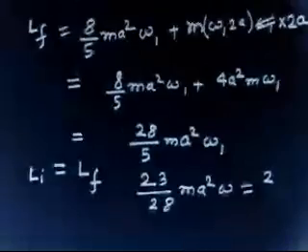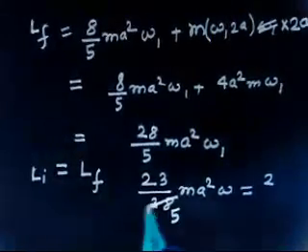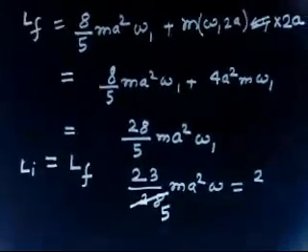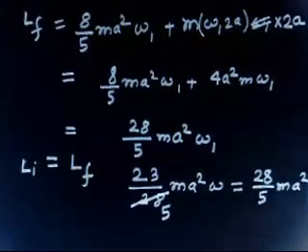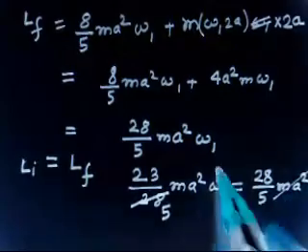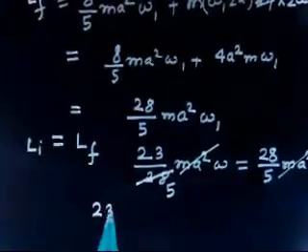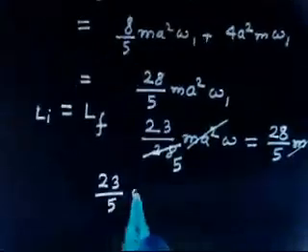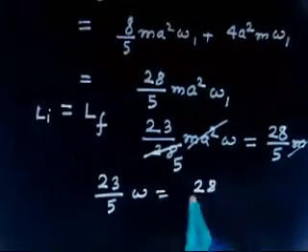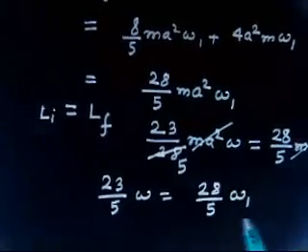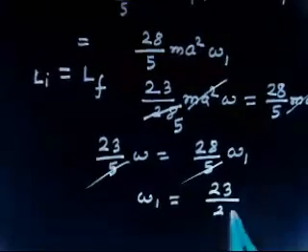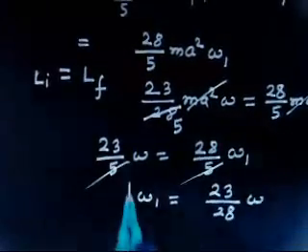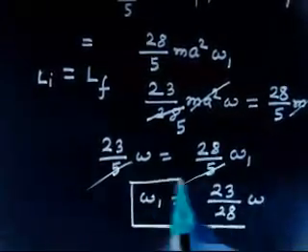So 23 by 5 ma square omega is equal to 28 by 5 ma square omega 1. So ma square goes out. We have 23 by 5 omega equals 28 by 5 omega 1. From here, 5 also goes out, so omega 1 is 23 by 28 omega. So this is the relationship between omega and omega 1.